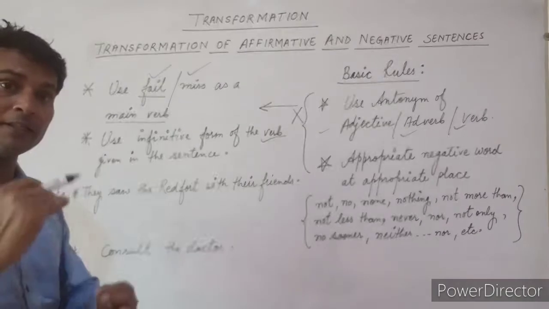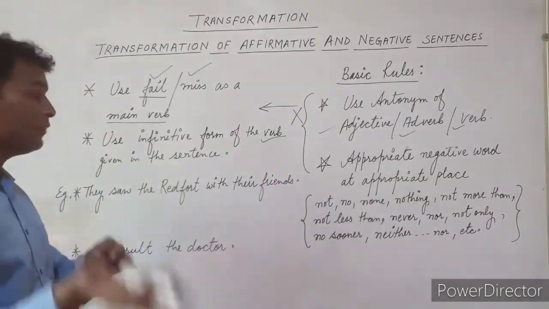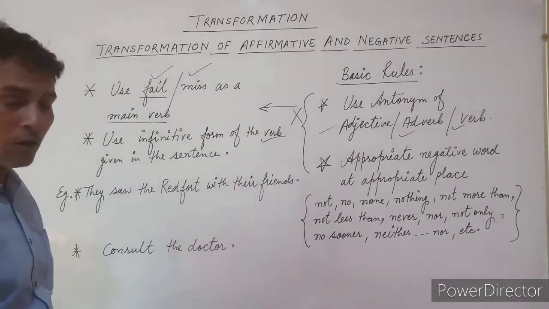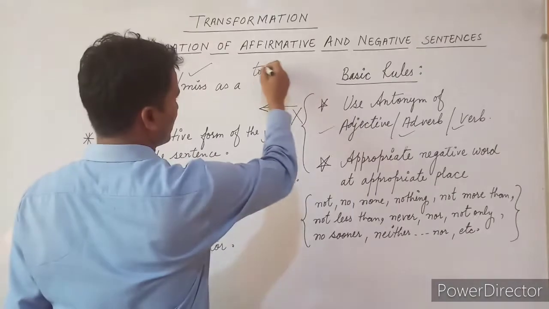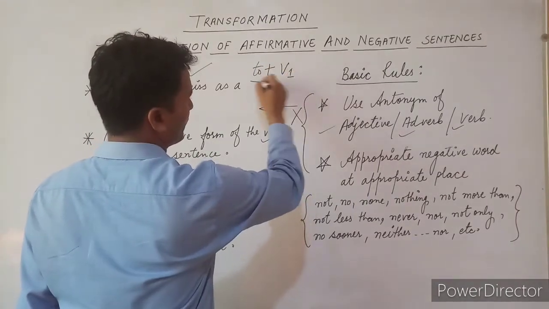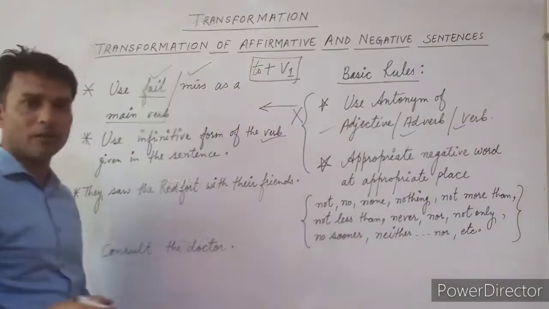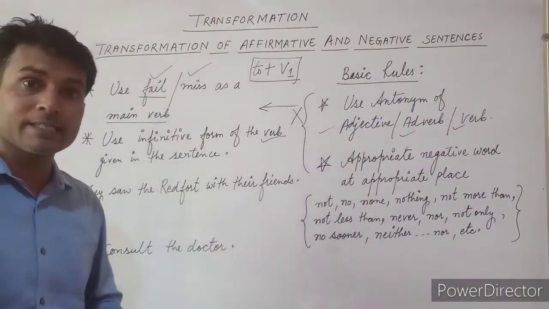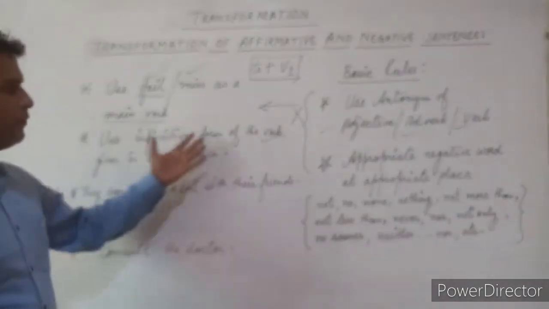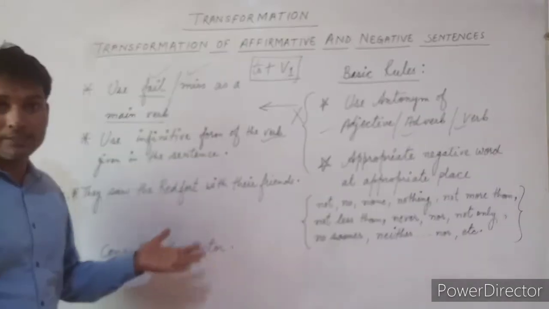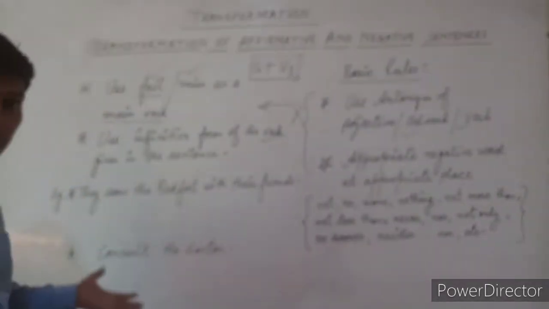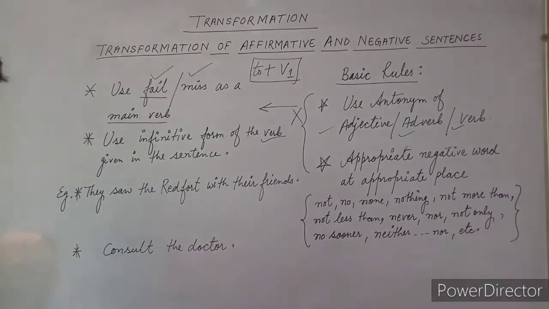As you already know, to plus the first form of the verb is known as the infinitive form of the verb. So we use the infinitive form of the verb which is given in the sentence.